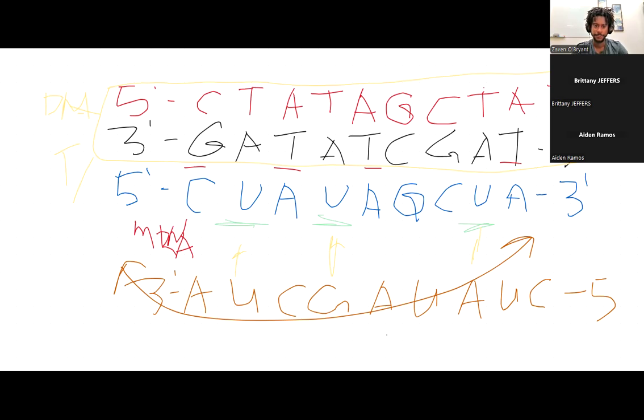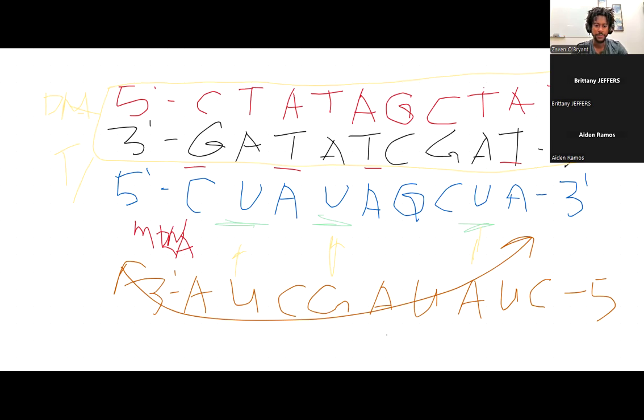And you said the top two, the 3' GAT and then the 5' CUA, those are mRNA? The top ones that I circled in that yellow color, those are DNA because they contain T, thymine, for DNA. Okay. Yeah, the middle ones though, you said were mRNA, right? The one on the bottom is the mRNA.